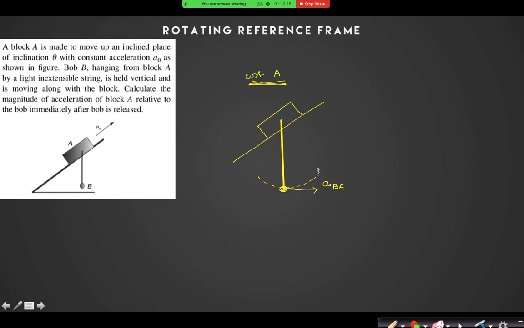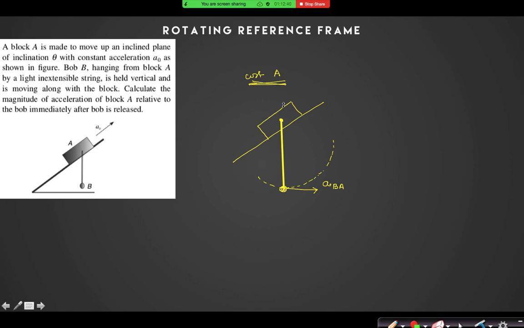First tell me this one. With respect to A, the particle can only move in a circle because now A is at rest. So this is at rest, and you can see that this is a pendulum type of thing. Yes or no? Yes. This is a pendulum type of thing.